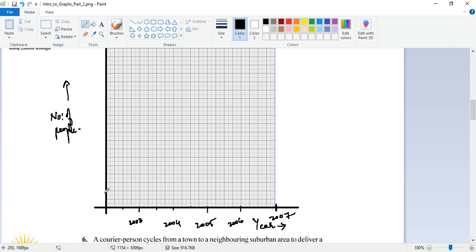Let us say I take this as 11, and then double, this will be 12 and this will be 13. If you want, you can take this as 14. Now let us start marking it.